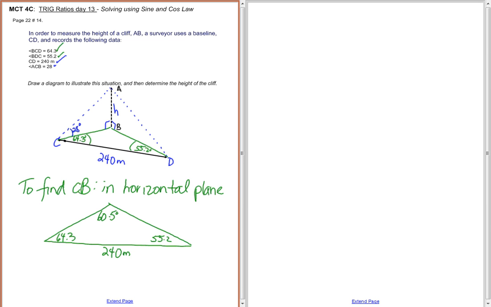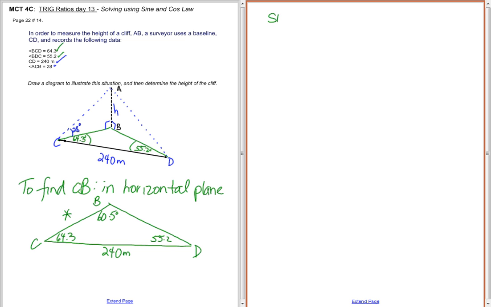I can use the sine law in order to find the side CB. So for the sine law, I am going to use sine d over d equals sine c over c equals sine b over b. And I'm going to fill in my numbers.